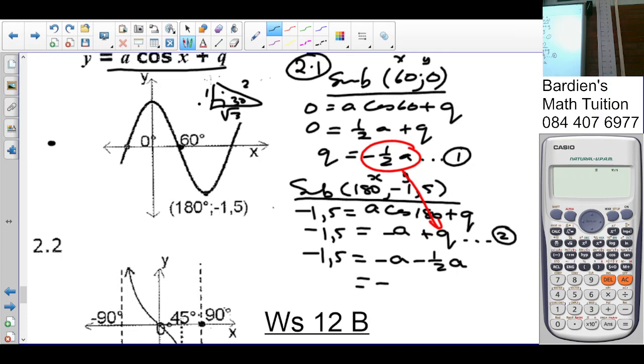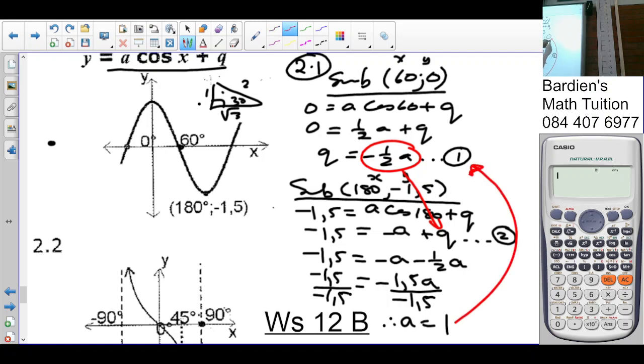Negative 1.5a. Divide both sides by negative 1.5. Therefore, a is equal to 1. So what do I do with that? I then substitute that into equation 1.